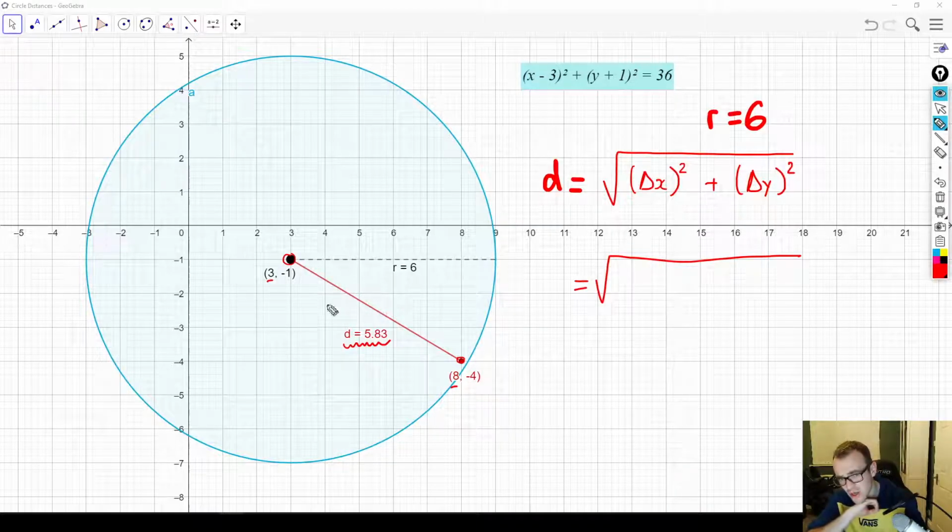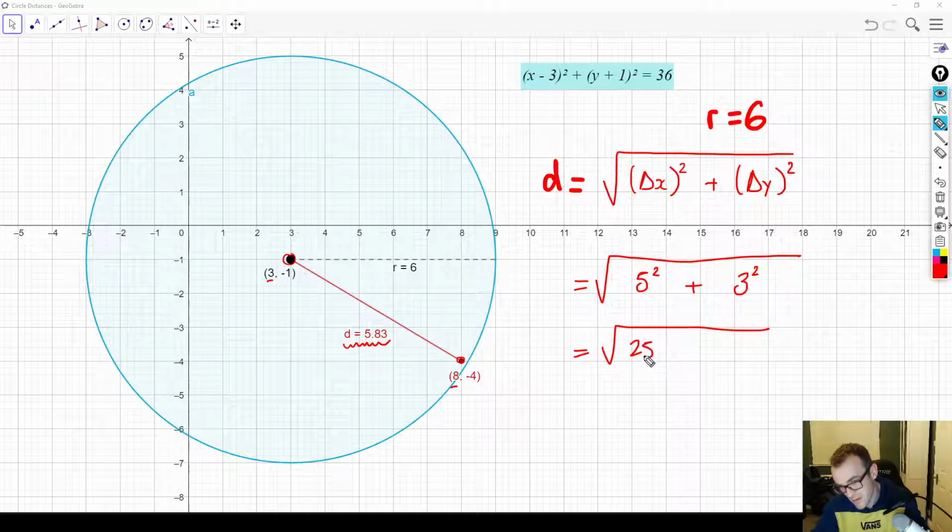That's a change of 5 horizontally. And the y values, minus 1 to minus 4, that's a change of 3. 5 squared is 25, 3 squared is 9. I get root 34 from this.